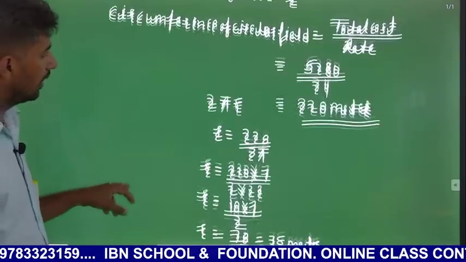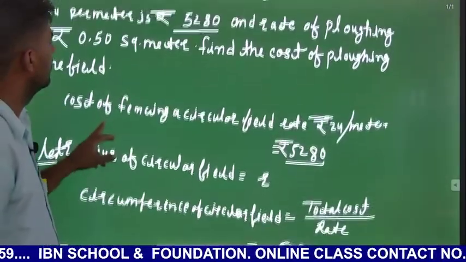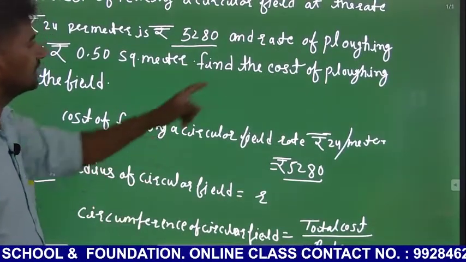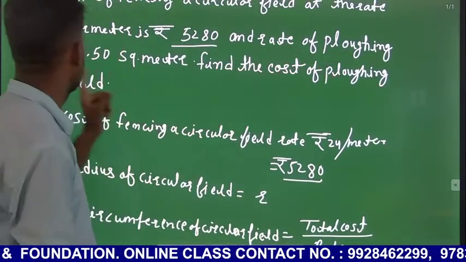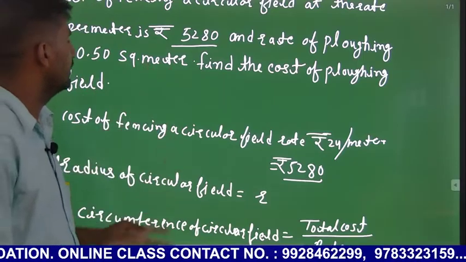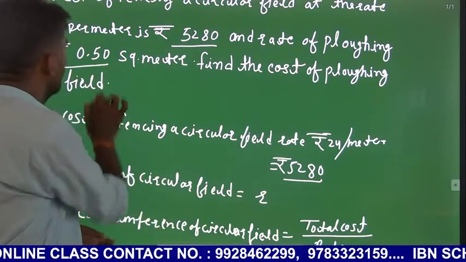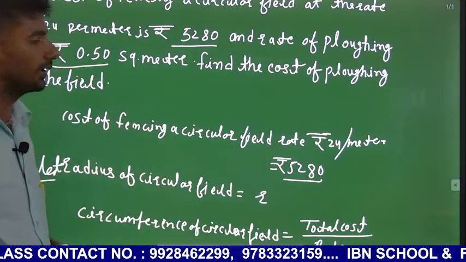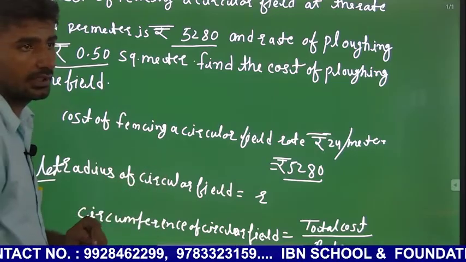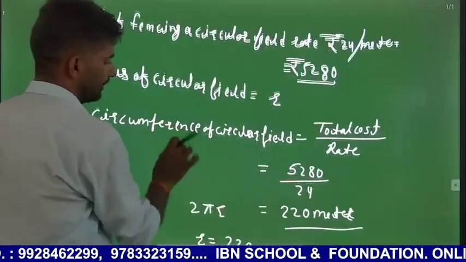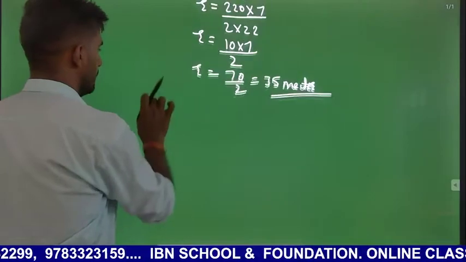Now according to the question, find the area, because the plowing rate is per square meter of the circular field. So we firstly find the area of the circular field.